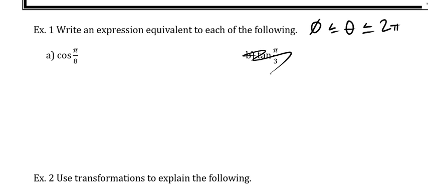For cosine, we're going to do both a cos and a sine. One of them's easy, one of them's a bit harder. So if I wanted to come up with another equivalent expression for cos, what could I do?